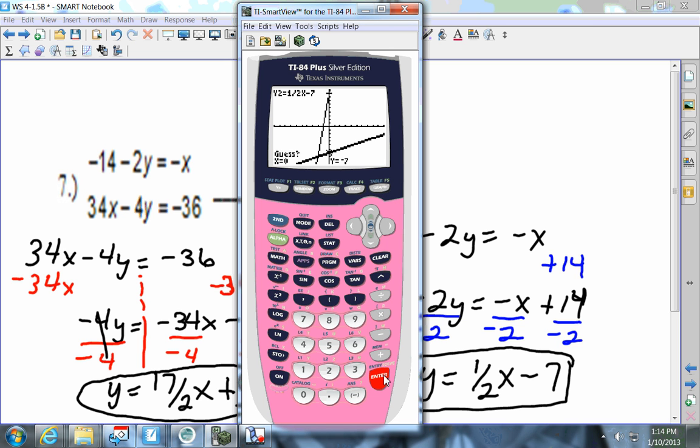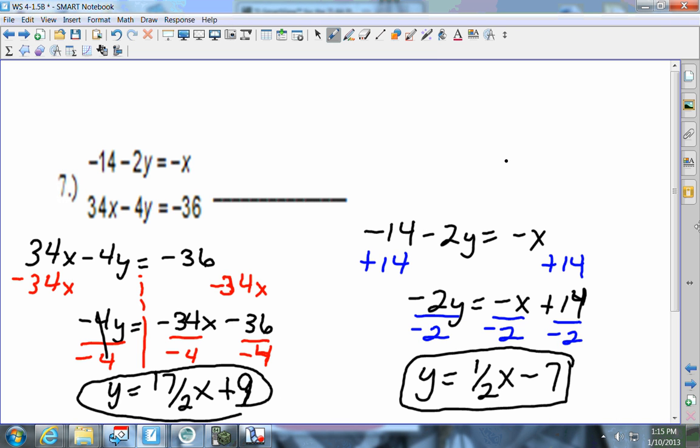Enter, enter, enter. It tells me it is -3, -8. I can look in my table and see that, because, was that not the right number? Did I misread it? Oh, I did misread it. -2, -8. There it is. -2 and then -8. So my answer right here: -2, -8.